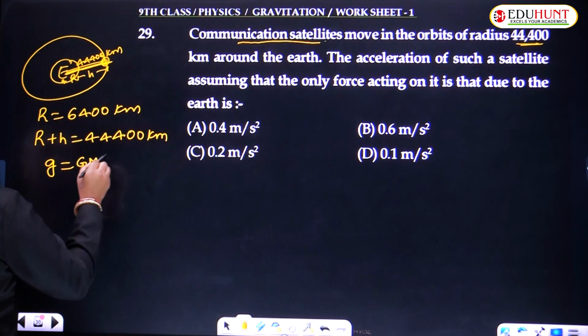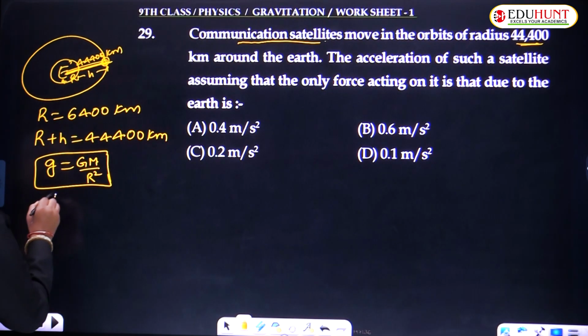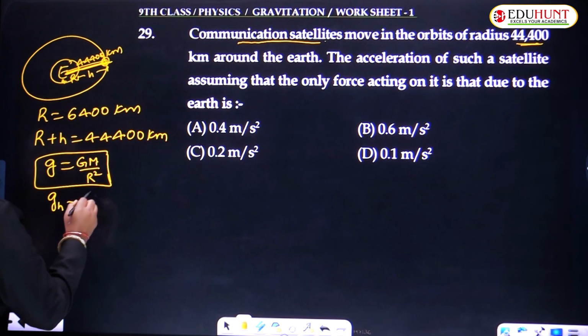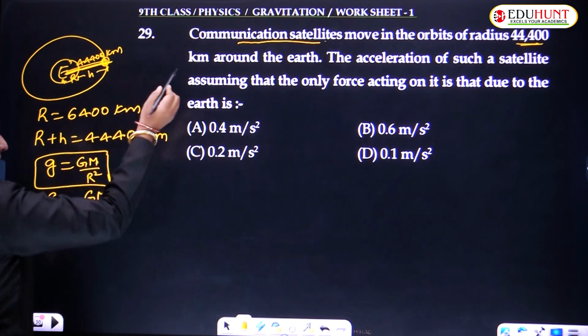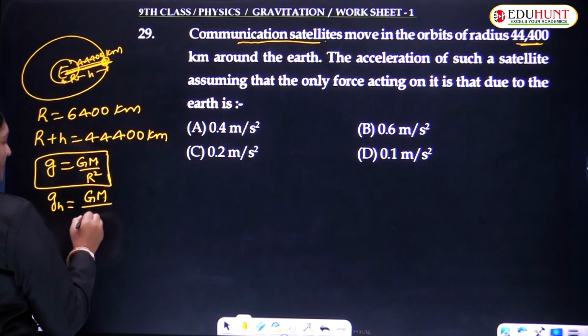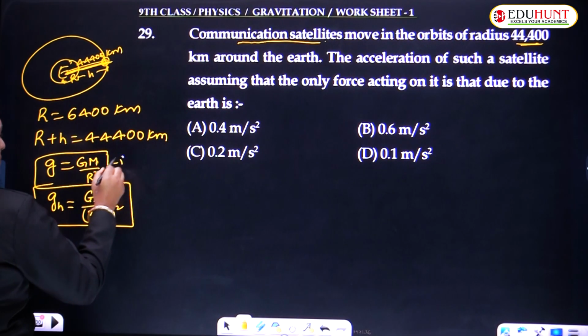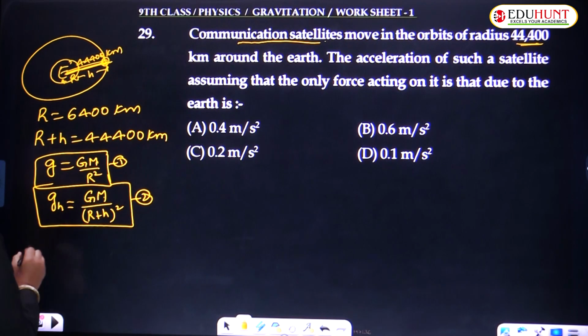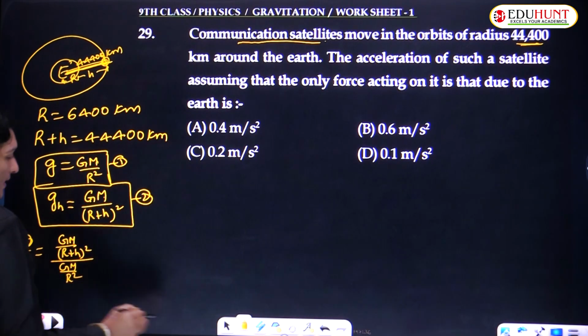This is on the surface of the Earth. At a height h, we take g_h as equal to G, the same universal gravitation constant, and the mass M is the same, upon the distance r plus h whole square. Equation 1 and equation 2. If you divide equation 2 by equation 1, we get GM by (R plus h) whole square upon GM by R square.